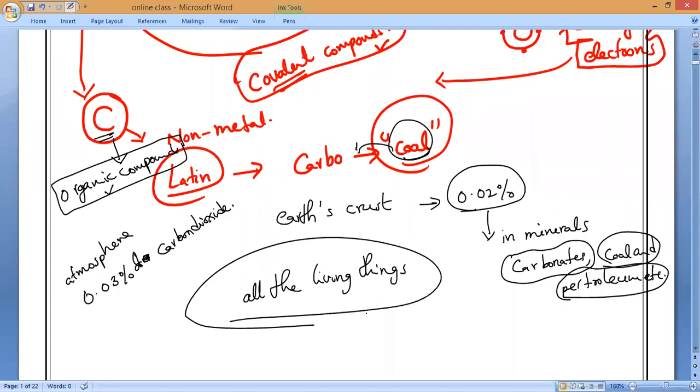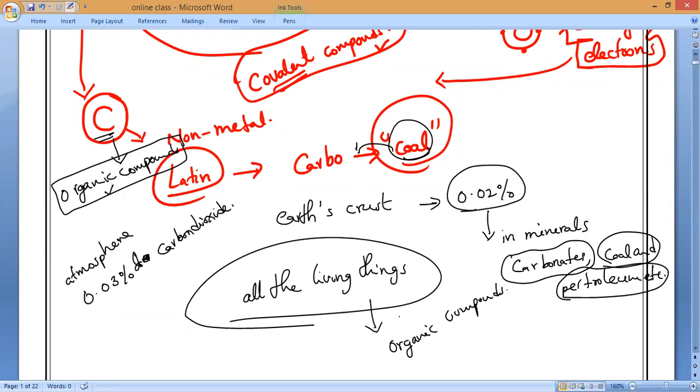That is why we call them organic compounds. Every living organism has the carbon element present in it.